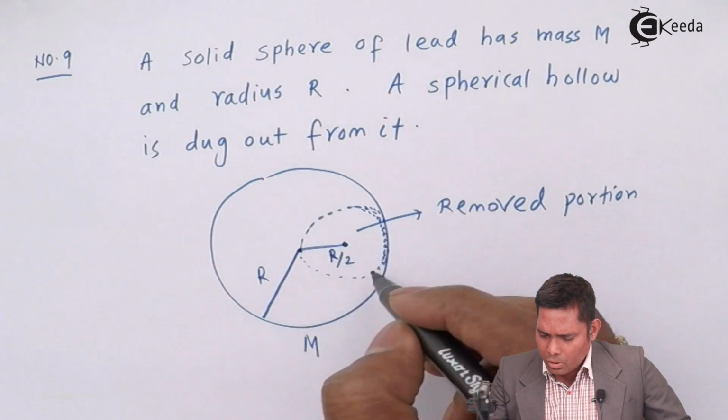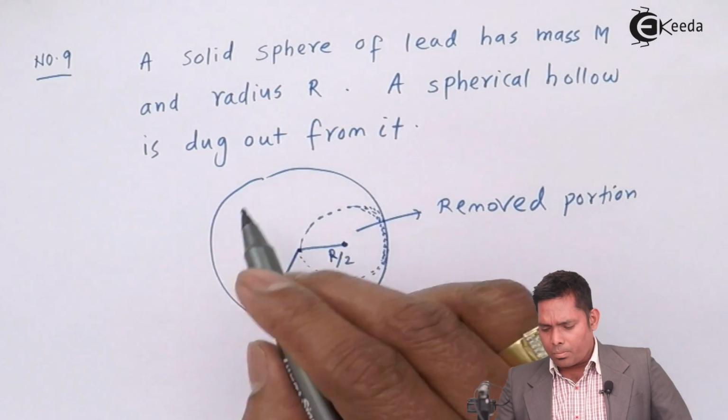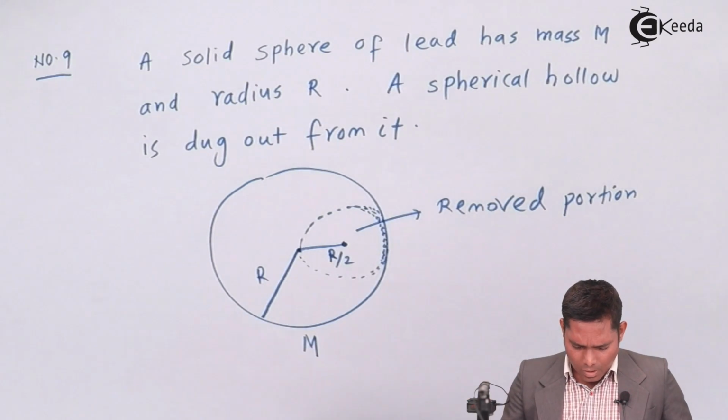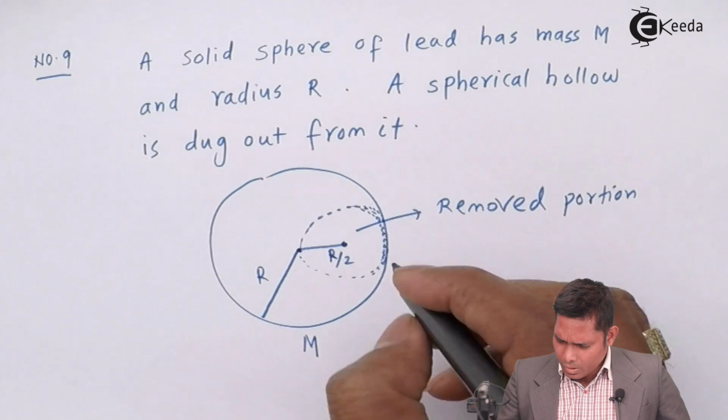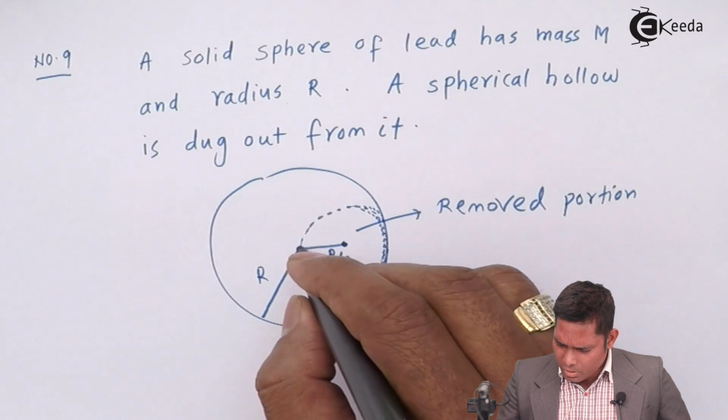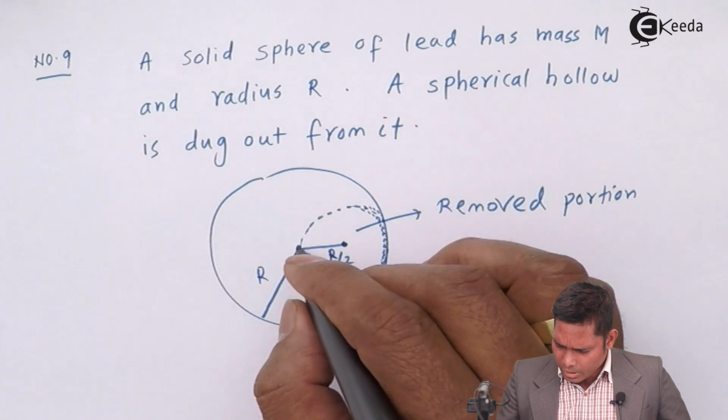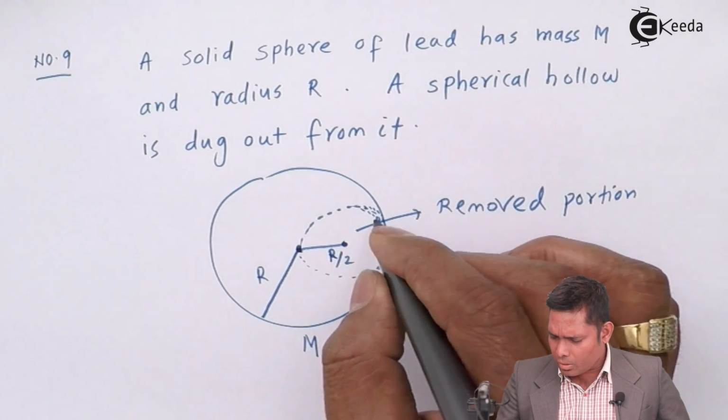So this is the sphere which is dug out from a given sphere of mass M and radius R, in such a way that its boundary is touching the center of the sphere and the edge here.